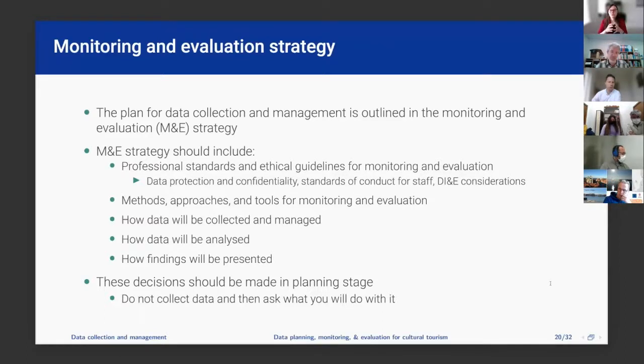This strategy should include information about professional standards, ethical guidelines, so that's data protection, confidentiality, standards of conduct, diversity, inclusion, and equity considerations. You also want to outline what methods, what approaches, what tools are we going to use to monitor and evaluate. It's going to outline how your data will be collected and managed, how you plan on analyzing it, and how you plan on presenting your findings.